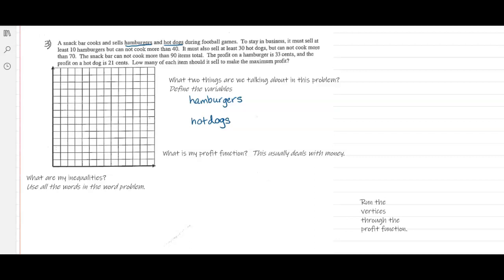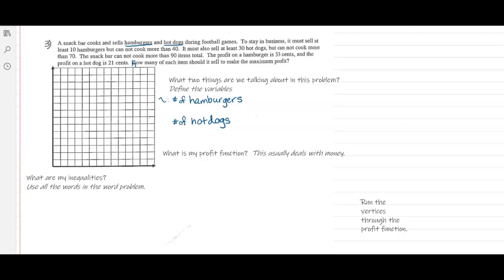More specifically, if we look towards the end of the problem, it says how many of each item. So we are talking about the number of hamburgers and the number of hot dogs. We're not talking about the price of a hamburger or the price of a hot dog. How many? That means number of.